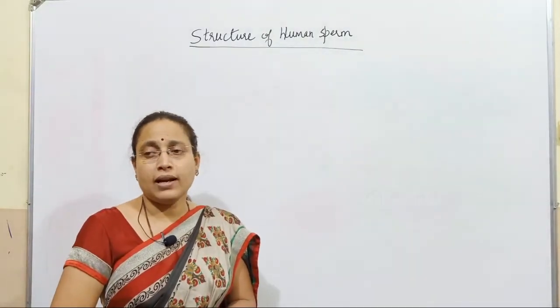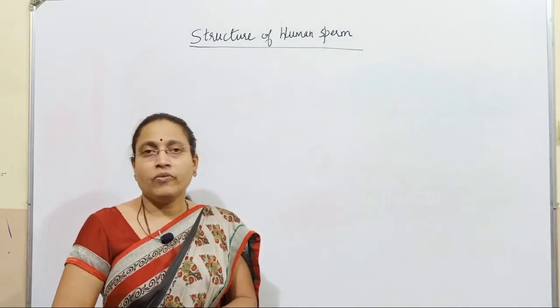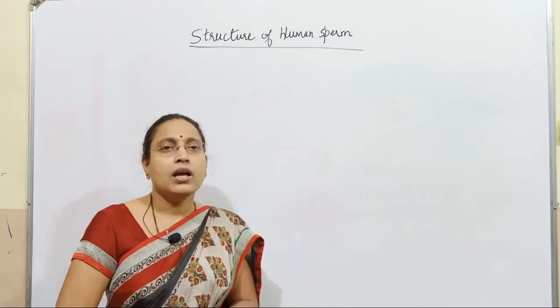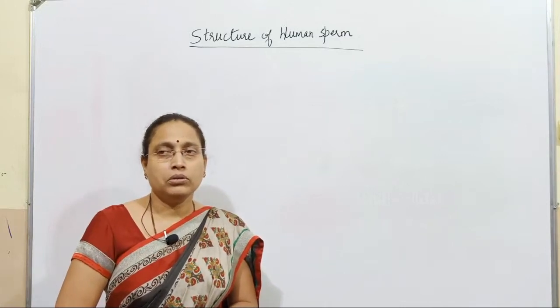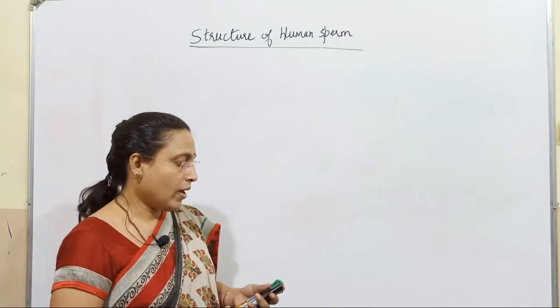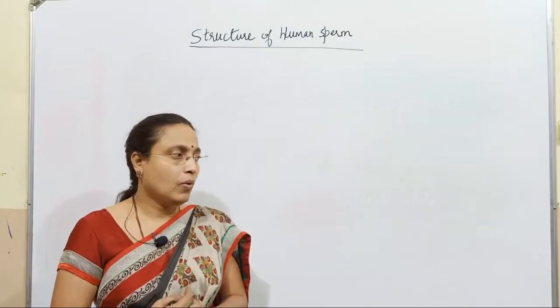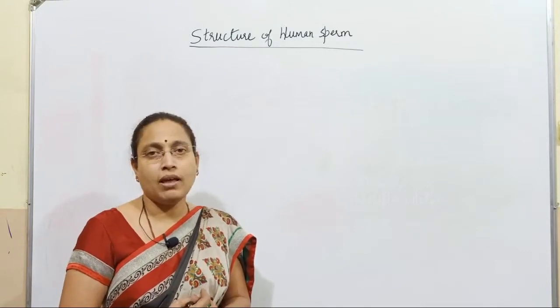You should also know that sperms can stay in the female reproductive system for up to 1 to 2 days, whereas it may not stay the same time when it is directly exposed to the environment.